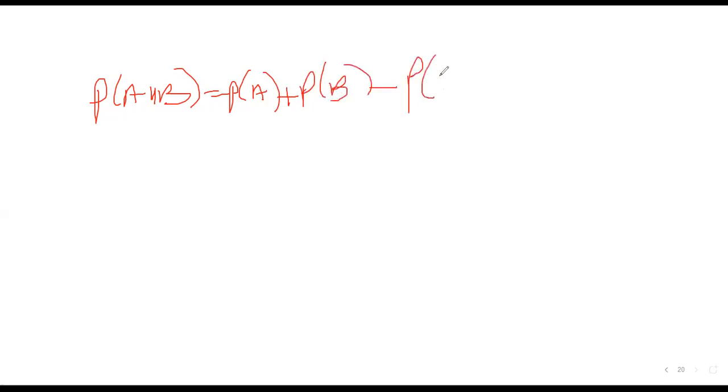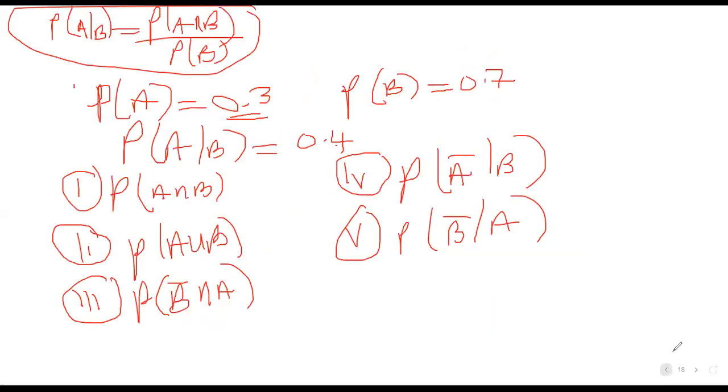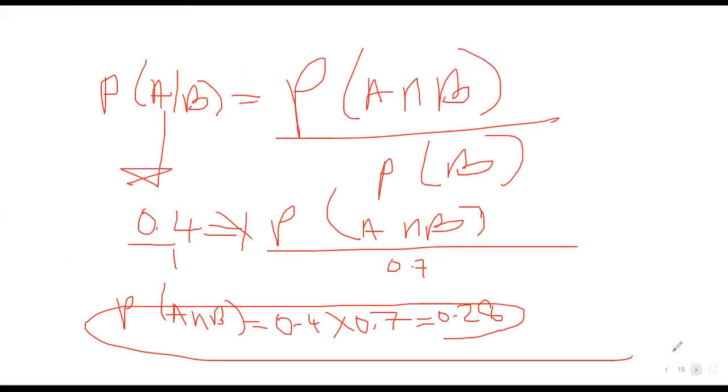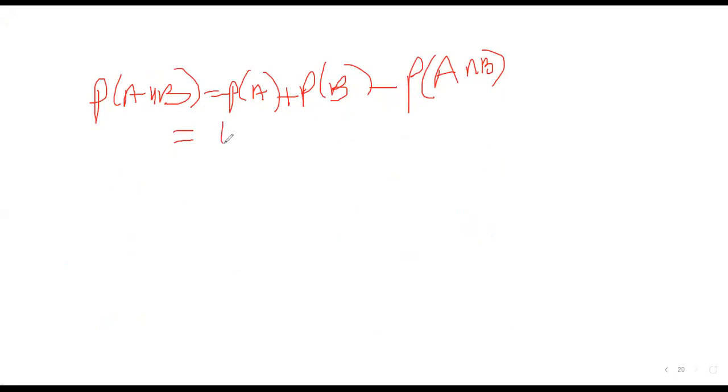You have to subtract the double counting, which is the intersection. So probability of A, which is 0.3. So A is 0.3.